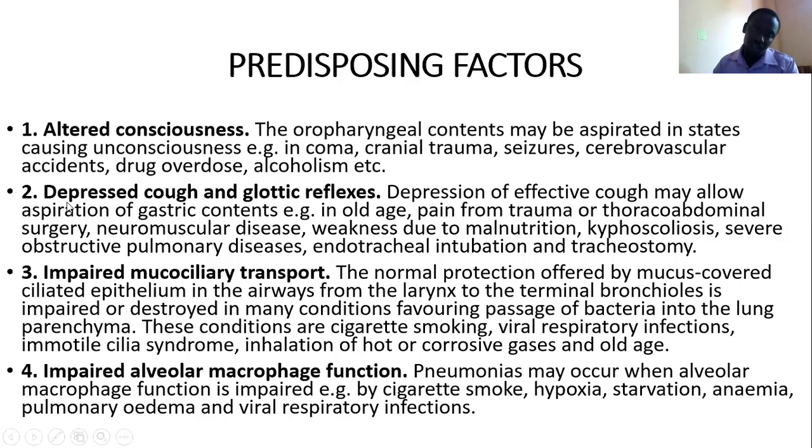So if the cough reflex is impaired or depressed, then most likely you'll not be able to clear those foreign bodies and microorganisms. Another point is impaired mucociliary transport, like for example in those who smoke cigarettes. You also have viral respiratory infections.